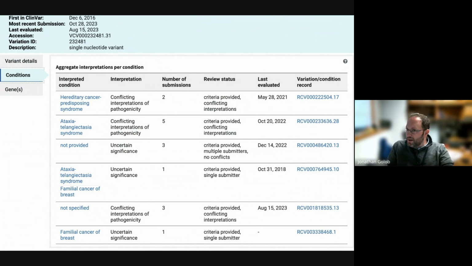There can always be artifacts, right? Maybe the sequencing machine for that patient's specimen missed something or made an error. So you just want to be sure that this is a real variant. When a variant observed in a particular patient has been observed multiple times in the past, that does make us think a little more that at least it is real. And then its significance is very much up in the air here.